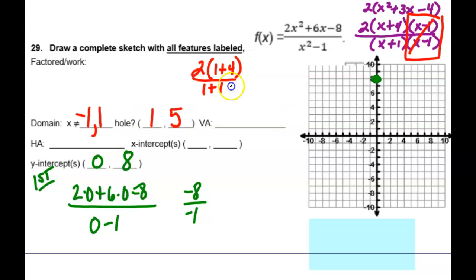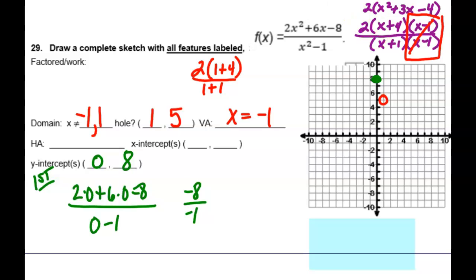It's 2 times 5 divided by 2. So 1, 5 is where the hole is. One of those rare, nice ordered pair places. Okay, there is a vertical asymptote. There's not 2, there's only 1 because 1 was a hole, but there is one at x equals -1, the remaining factor of the denominator.